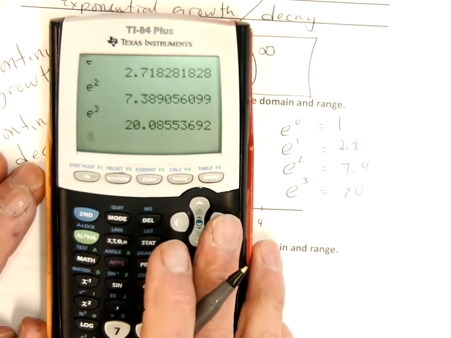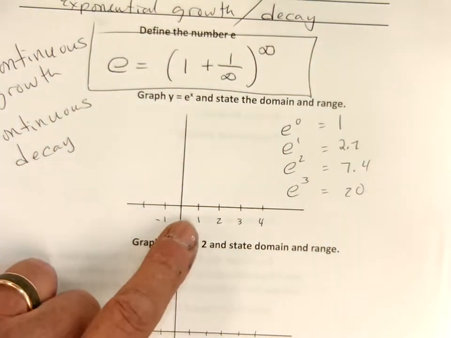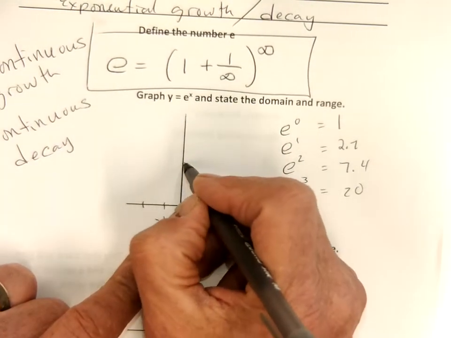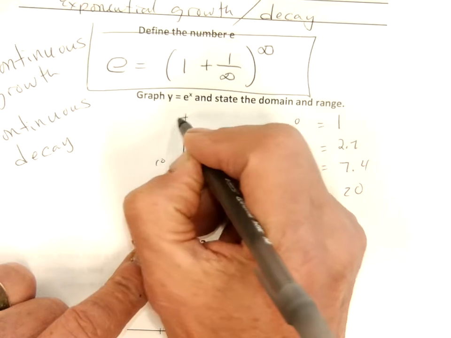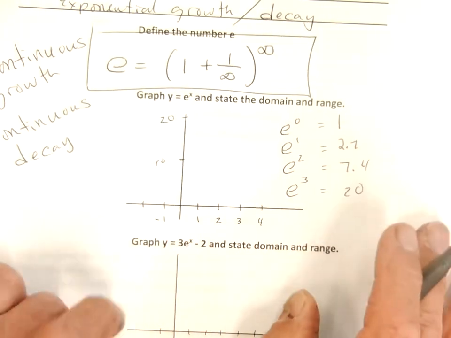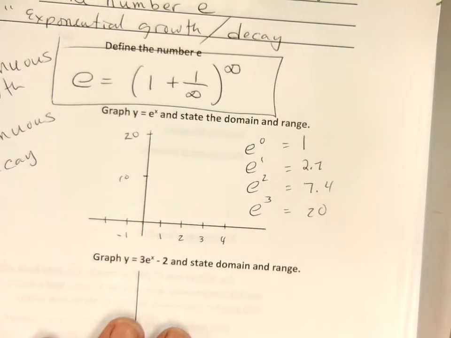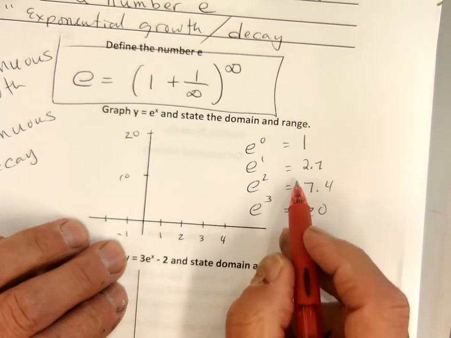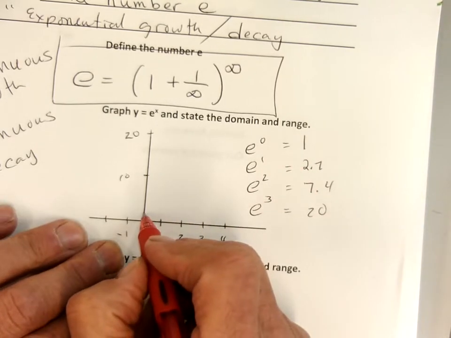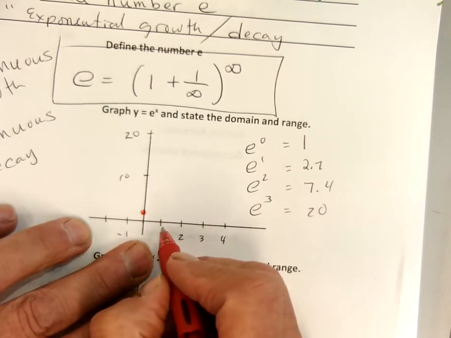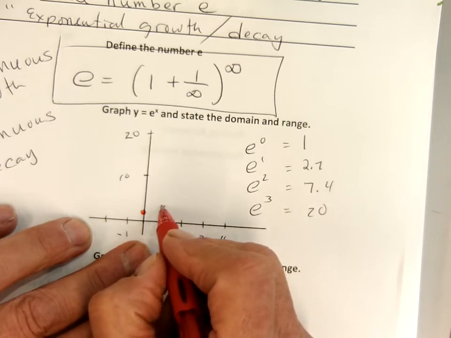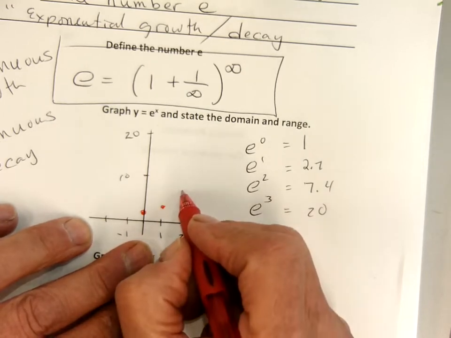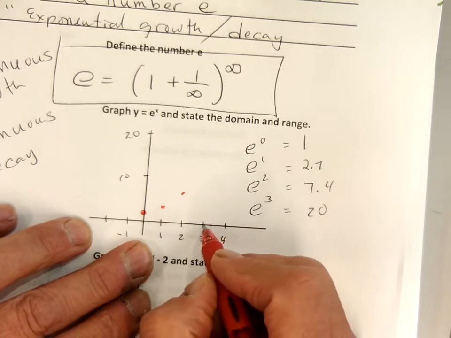So I just used my calculator, so I'm probably going to need to go maybe 10, 20, and just estimate. So e to the 0 is about 1, maybe about there. e to the 1 is about 2.7, about there. 7.4, about there. About 20.